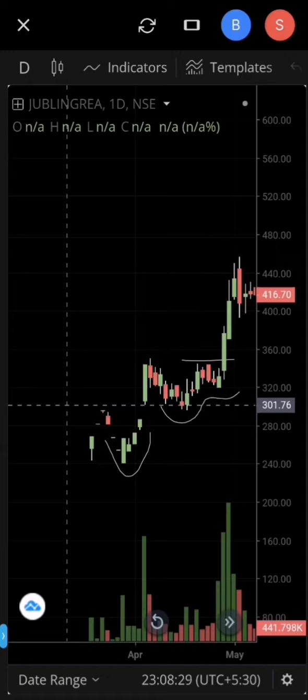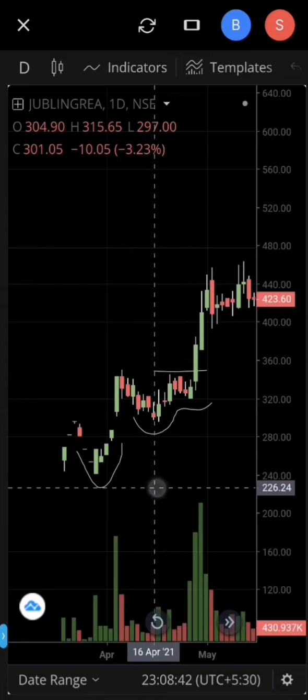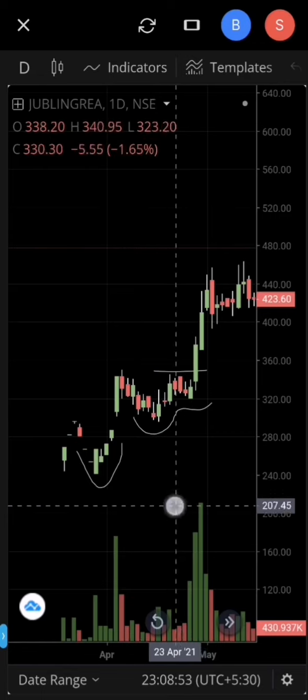For me, the base is something where there are at least two contractions. As you can see in the next consolidation phase, there were two contractions. One brought the price down to the low of 315. Then again the price tried to reclaim the all-time high.